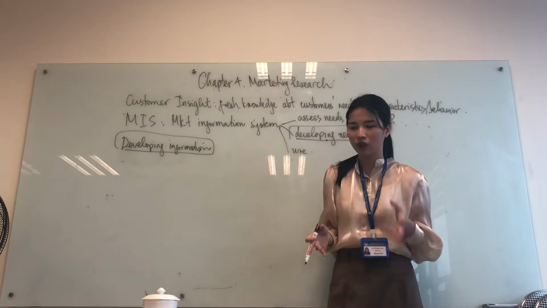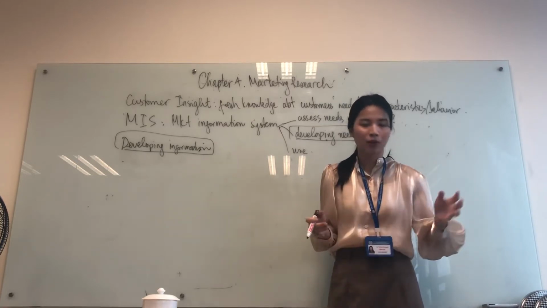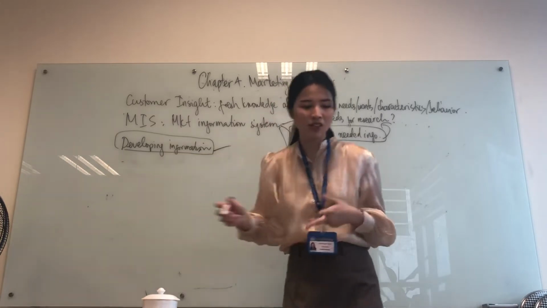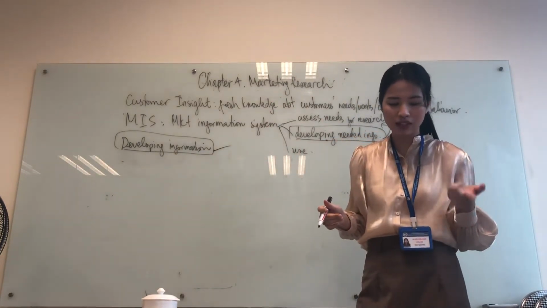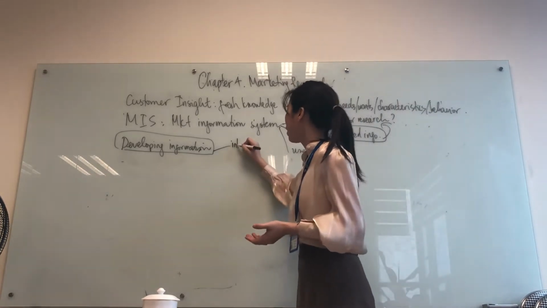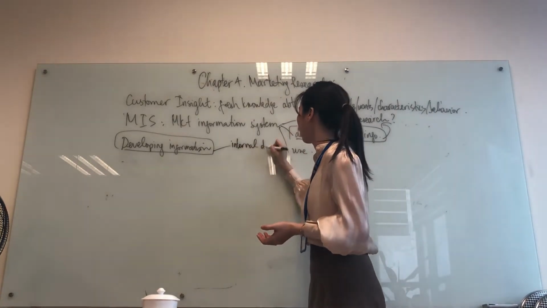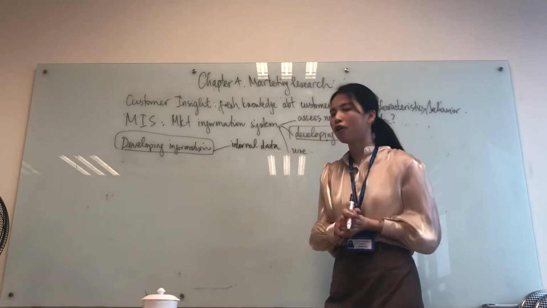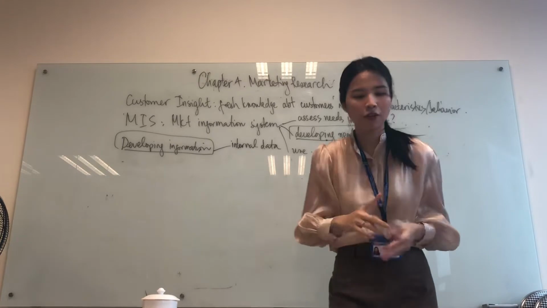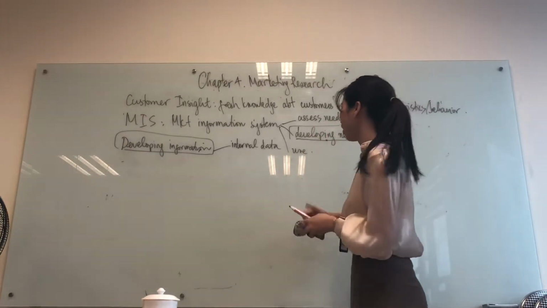The kinds of information we can develop vary. We have several choices here. Maybe the easier kind of information to get is from the company's internal data. Now, internal data means the information that is readily available.